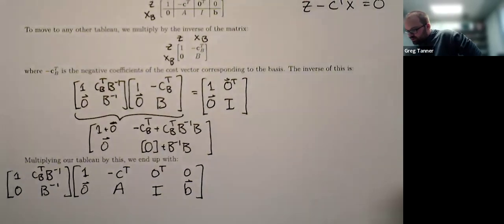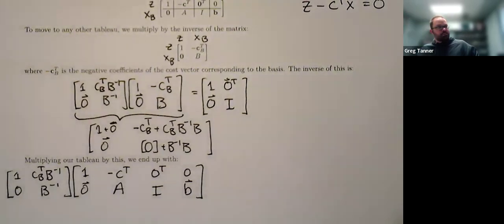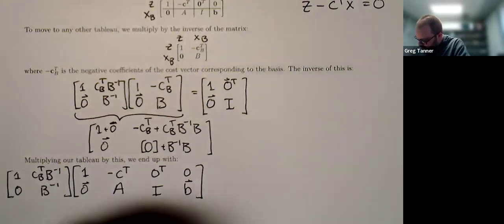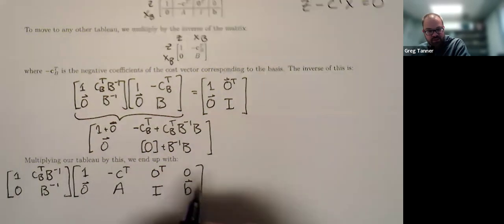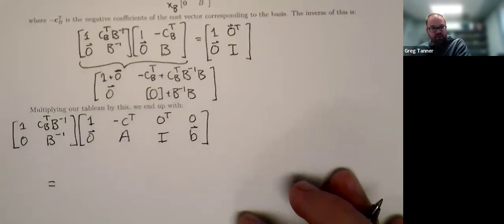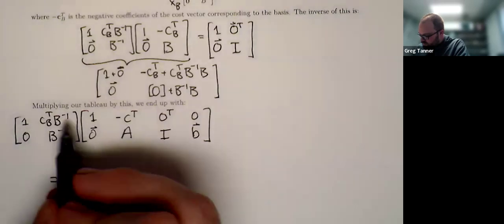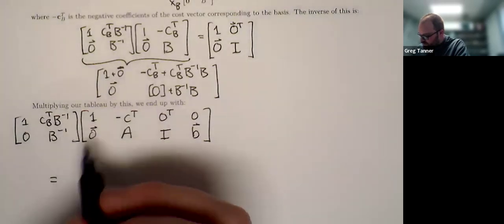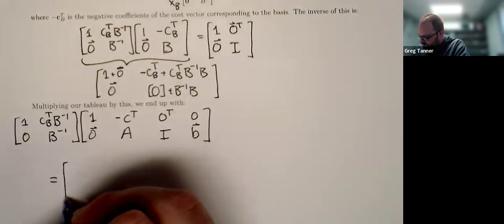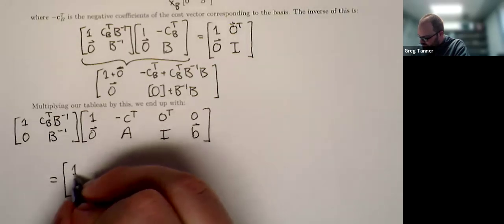Okay, let's go ahead and do that multiplication. We'll do the top row first. Using the top row of here and then multiplying down each of the separate columns there. And so this times this will give us 1 times 1 plus this times 0. That times 0 will cancel that out. And so we'll get just 1.